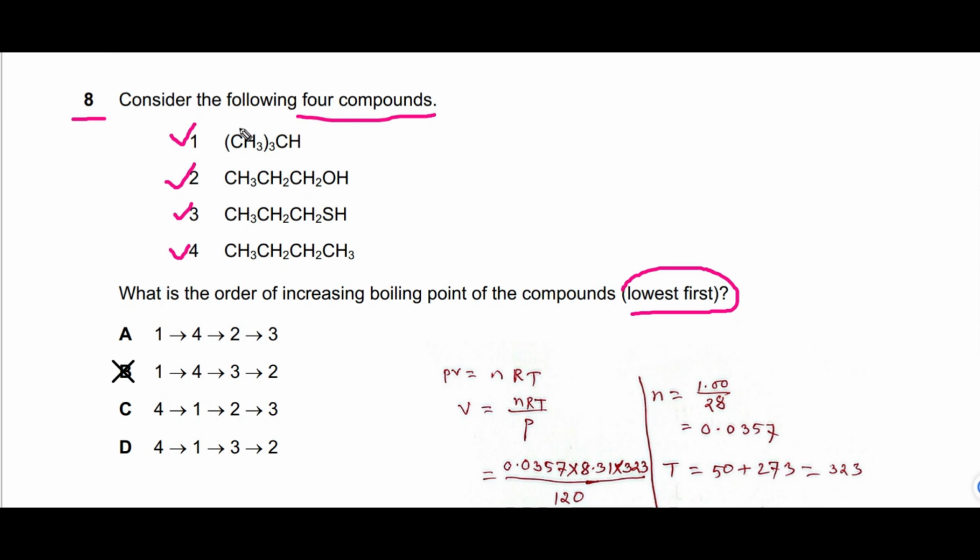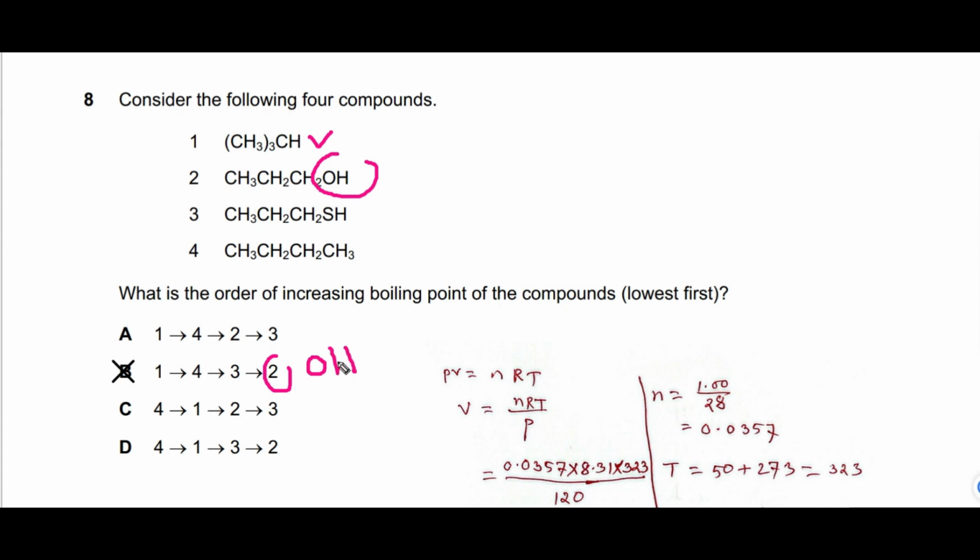So number 1 will be lowest because this is a branched molecule and this is a non-polar alkane. Number 1 will have the lowest boiling point because this is a hydrocarbon, non-polar molecule and branched molecule. Branched molecules have the lowest boiling point, and number 2 is the highest because the oxygen in alcohol forms hydrogen bonds.